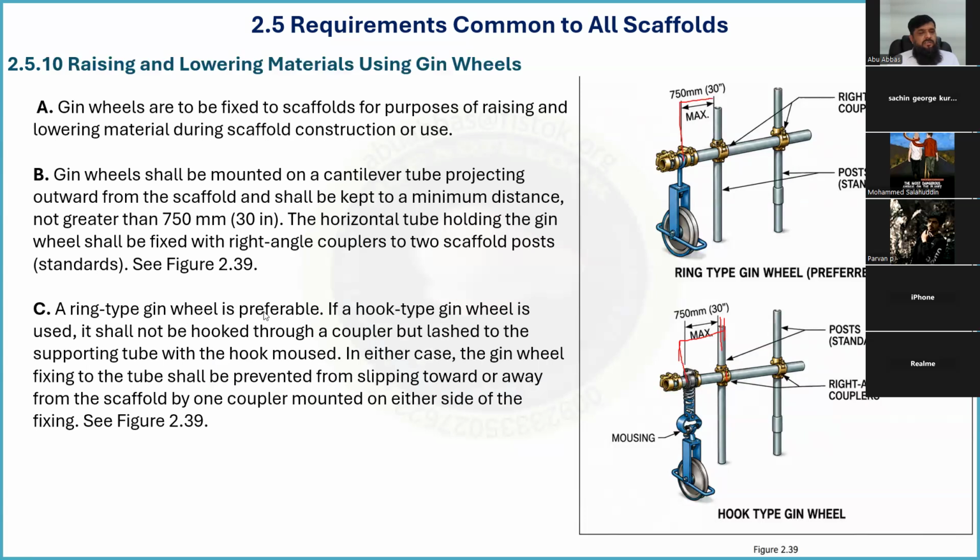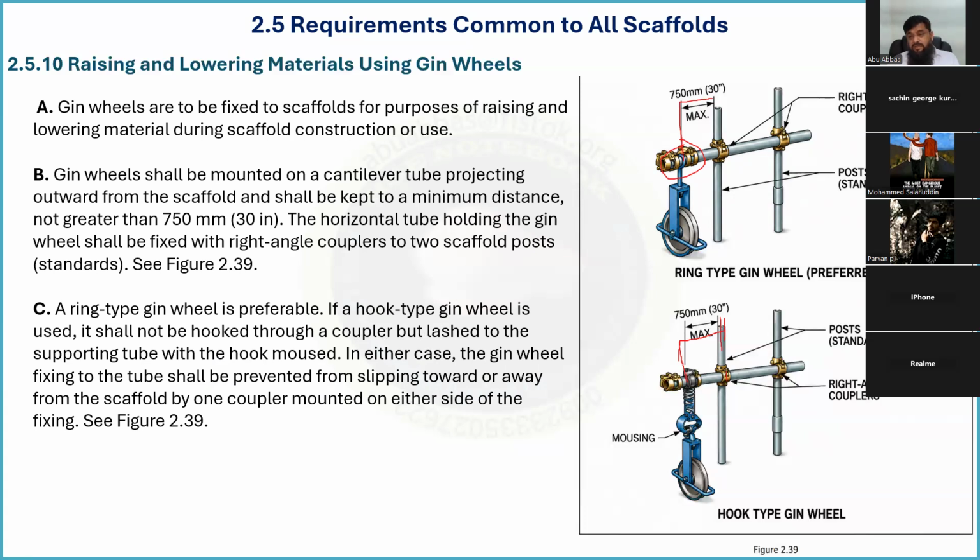A ring type gin wheel is preferable. Ring type, this one, because at the top it has a ring through which the tube is passed. If a hook type gin wheel is used, it shall not be hooked through a coupler.